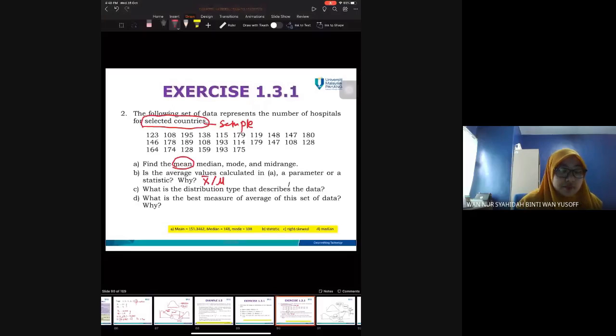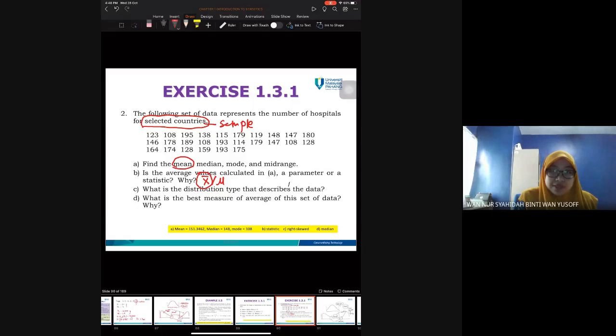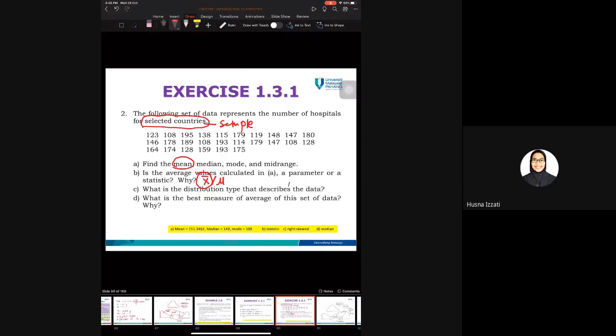Okay. What is the variable here? What kind of data do we take here? The variable is the number of hospitals.